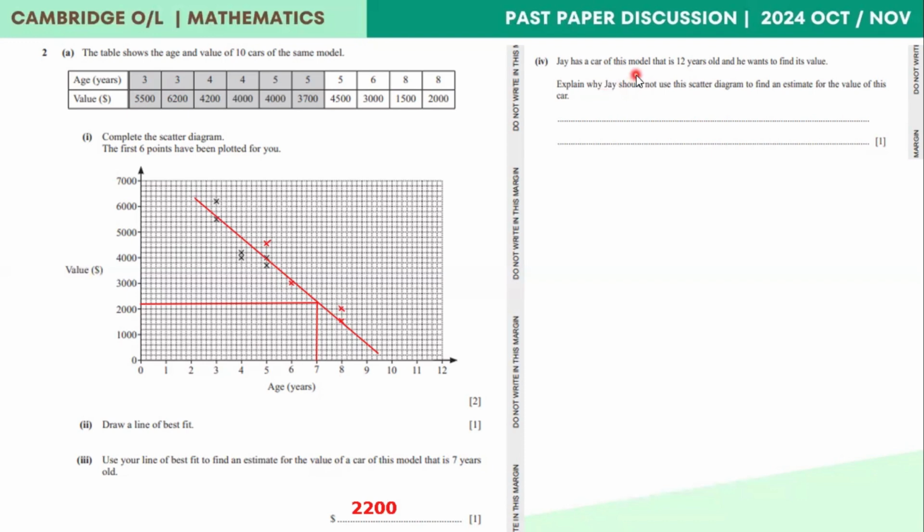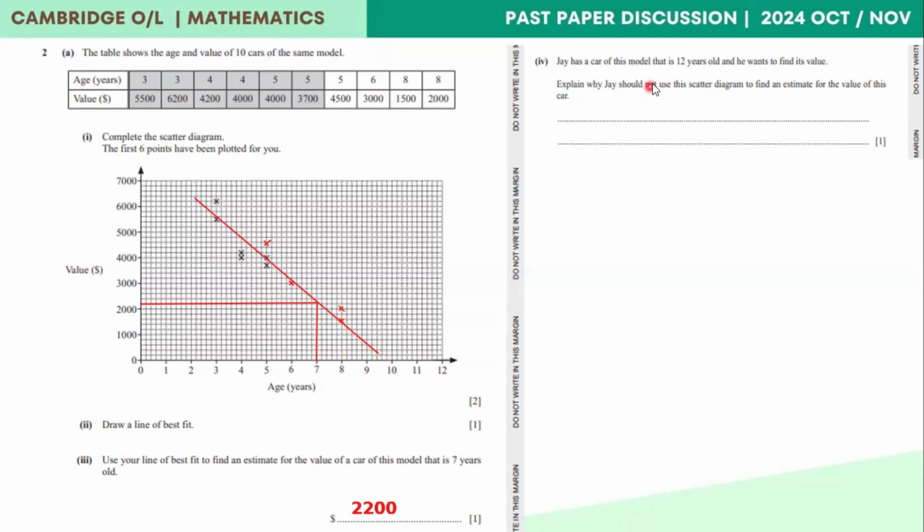The next question. J has a car of this model that is 12 years old and he wants to find its value. Explain why J should not use the scatter diagram to find an estimate for the value of this car. The problem in this scatter diagram is it is limited to a maximum of 8, or maybe 9.